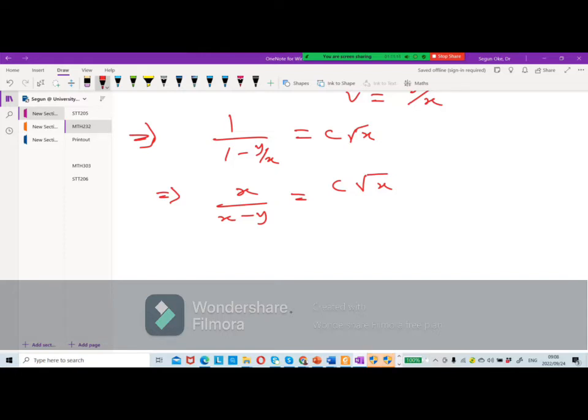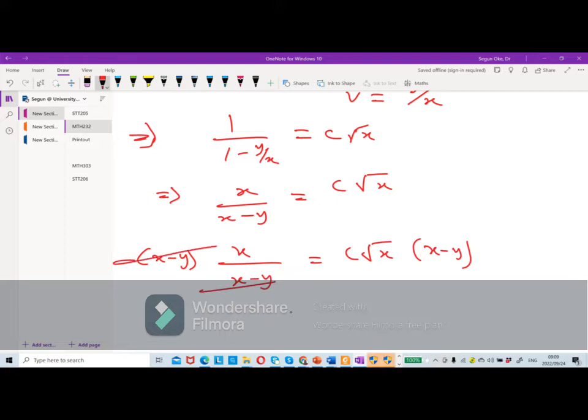So what you need to do at this point is to multiply both sides by x minus y. So x over x minus y equals c square root of x into x minus y. So this one will cancel this. So I have x equals c square root of x in bracket of x minus y here.